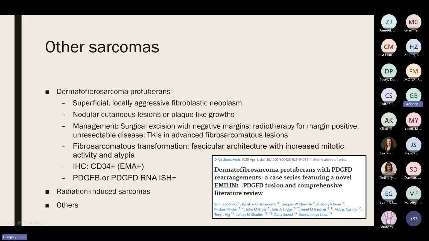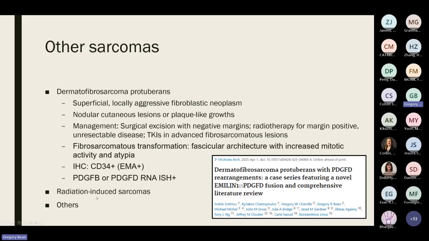So PDGFB RNA-ISH would be negative in those cases, but PDGFD testing, either by FISH or some other method, could help you in breast-specific DFSPs, which is an interesting anatomical, pathological phenomenon. Other sarcomas can arise in the breast, but they're rarer.